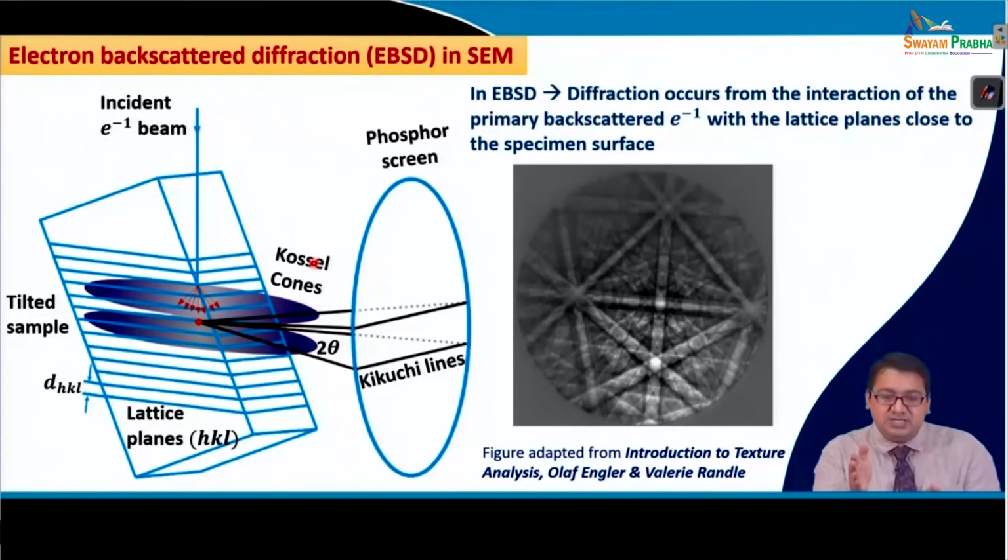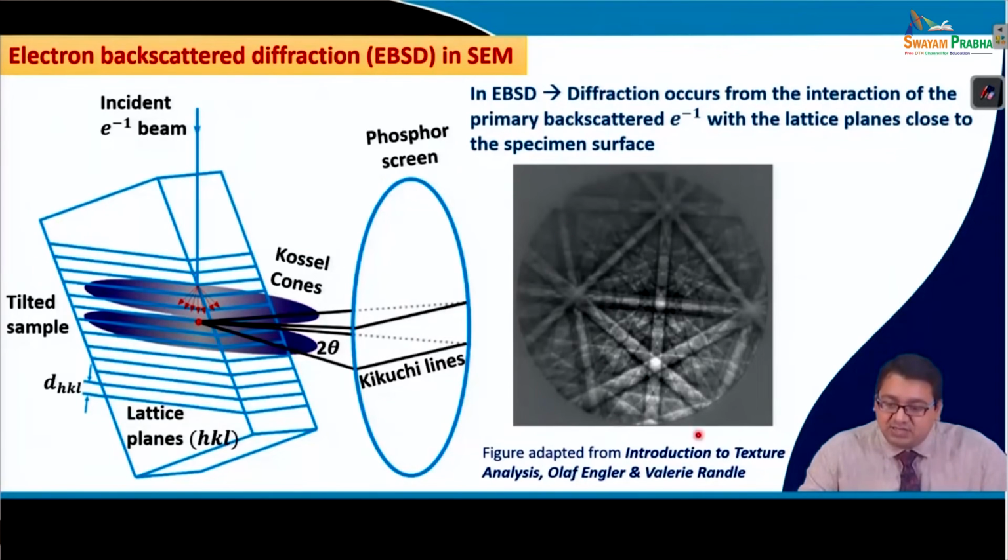So, it is present at a different position from the electron beam. In this case also the cones have a very small apex angle, and thereby when the electron which is finally diffracted falls on the phosphor screen, it forms Kikuchi lines, and here also a band contains two lines and the angle between the lines could be related to 2 theta, and it forms like this.